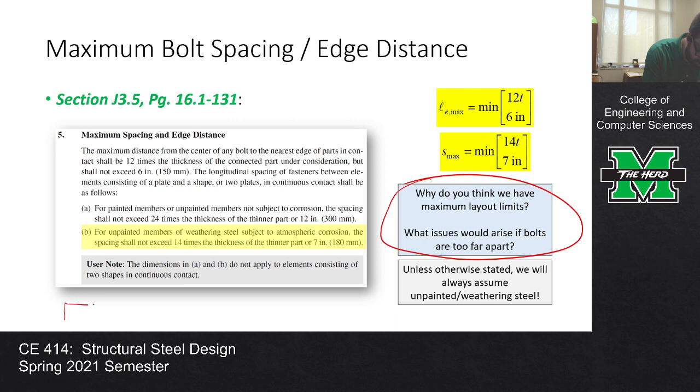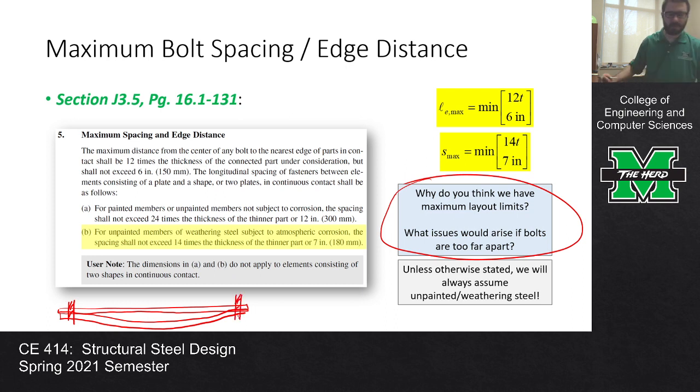So you've got a plate here. Maybe what happens is you get a little bit of a gap between your plates because there's not enough bolts in between to connect them. They're not fully connected, there's a little bit of a gap.